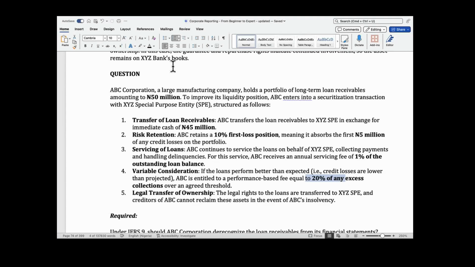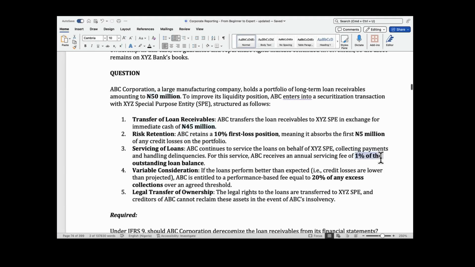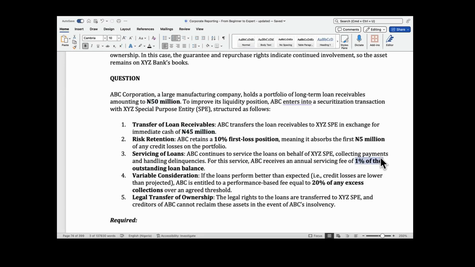In fact, he will continue to recognize this 50 million in his books. The 45 million he has collected is going to be a liability in his books, while the 1% he's going to collect will come in as other income.